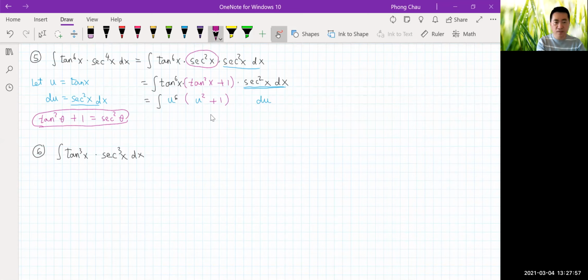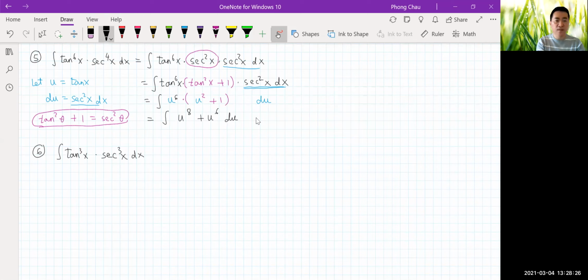Now the trig function is gone, so I can integrate. Still, there's a multiplication there, but that's not a problem. All you do is multiply it out. u to the 6th times u squared is u to the 8th, plus u to the 6th, du.